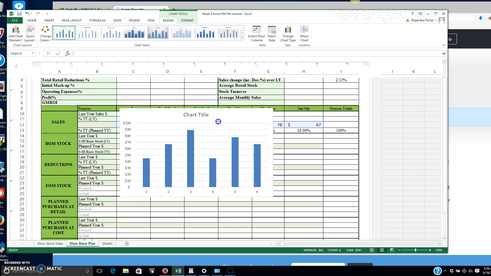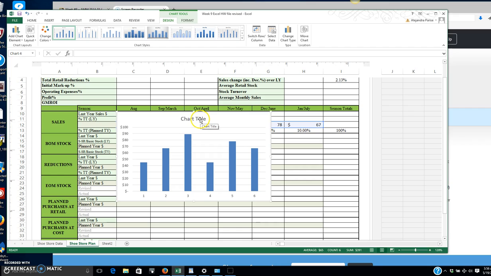So just a couple of things on your chart. Make sure that you entitle it Shoe Store Sales Curve or just Sales Curve. So you just click on the title and go ahead and rename it Sales Curve or Shoe Store Sales Curve. You also want to make sure that the months are underneath.